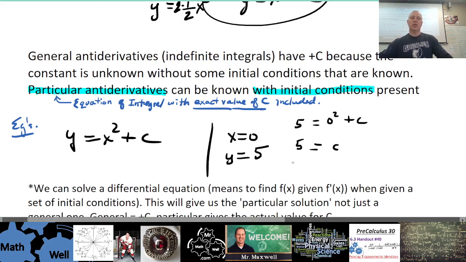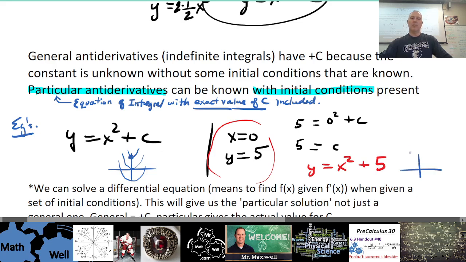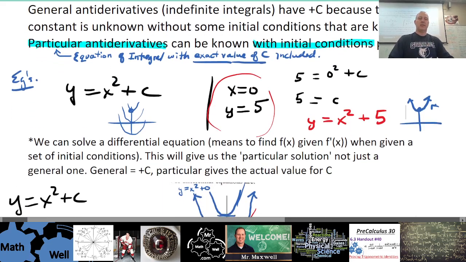And so the particular antiderivative with these initial conditions present would be y equals x squared plus 5. And that should make total sense, because when we're talking about a parabola that we don't know where it sits, if it's up, down, it's x squared something. But now that I know that this is an initial condition, the 5, well then I know that my parabola has to go through 0, 5, and so this is the exact equation of the integral sort of thing.